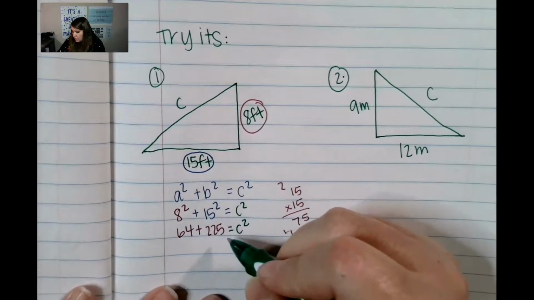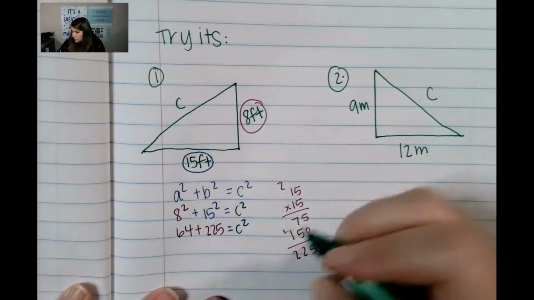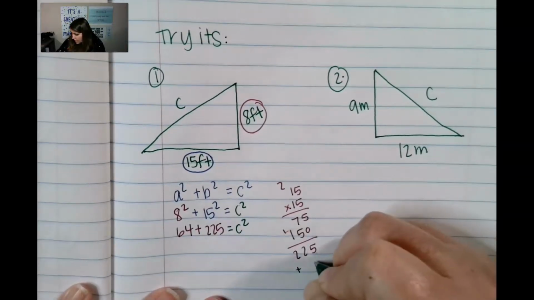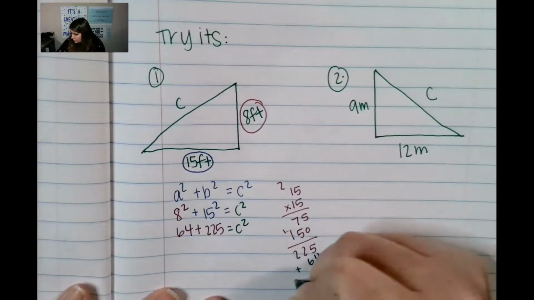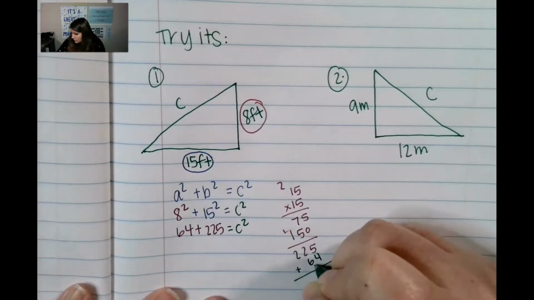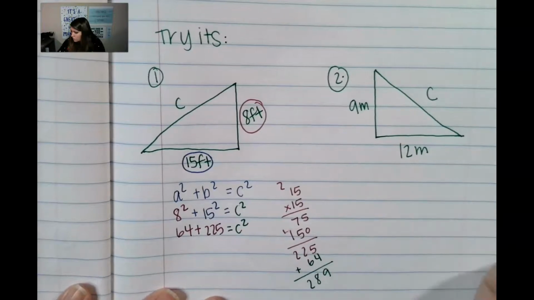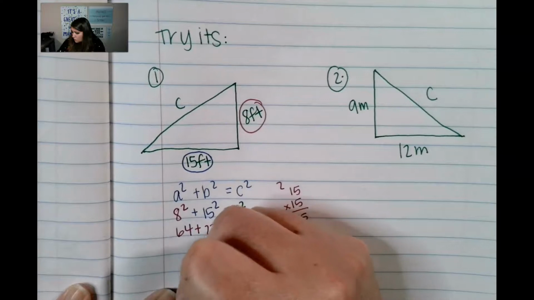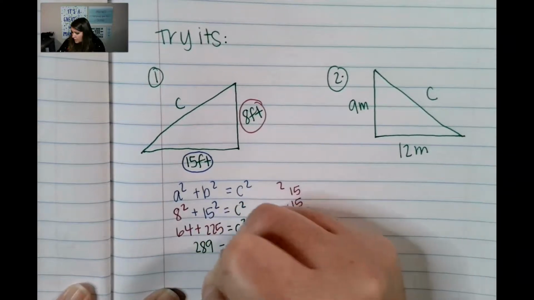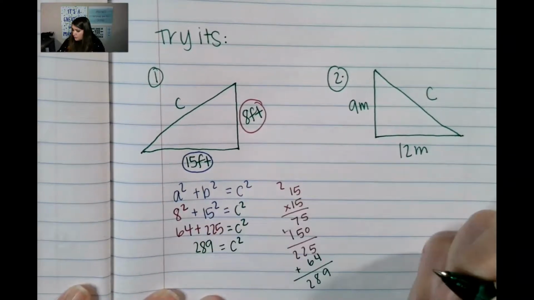All right, now we're going to look for some addition here. So let's just go ahead and add 64. That gives us 9, 6, 7, 8, 289. All right, so 289 equals c squared.